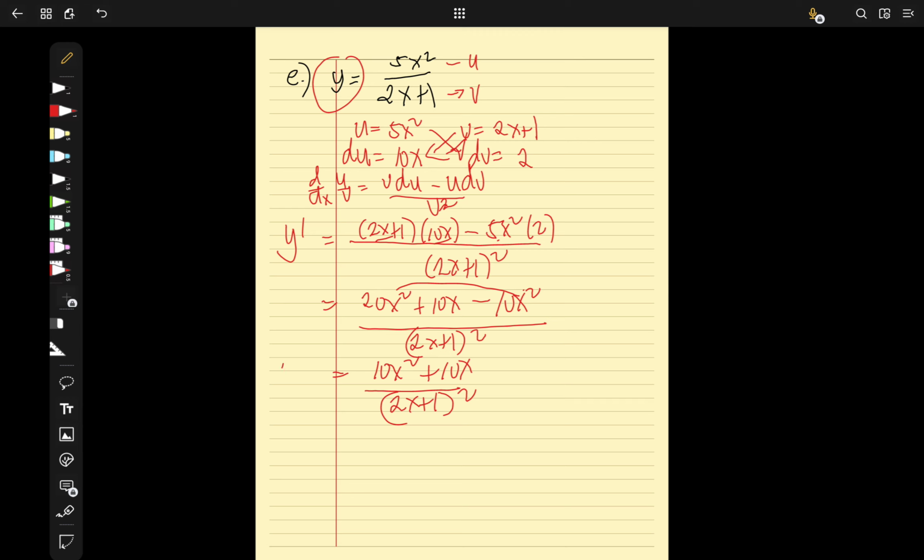So that's fine already. But if you still want to expand, it's okay to make it 10x squared plus 10x over 4x squared plus 4x plus 1. So, this is also okay. But if you can go as far as here, that's okay already, as long as you know how to apply the u over v rule.